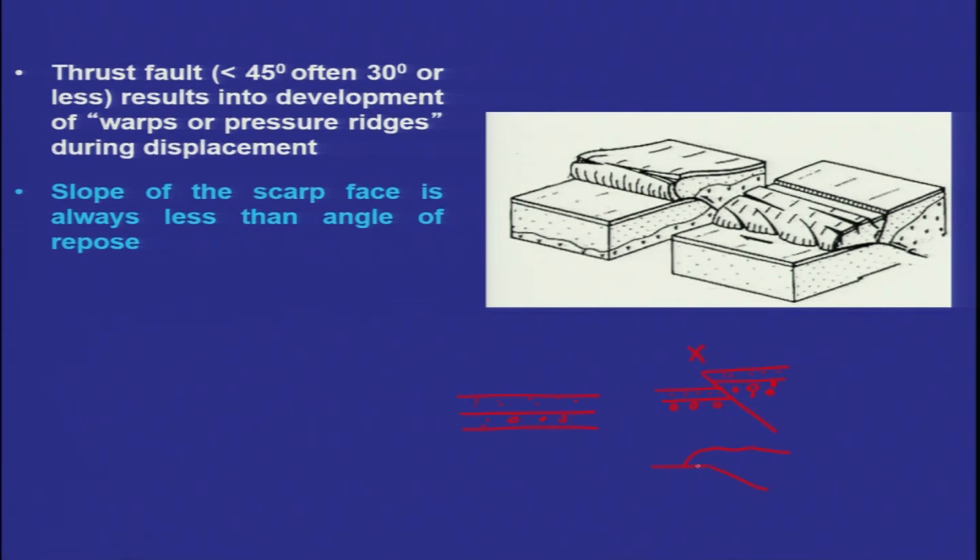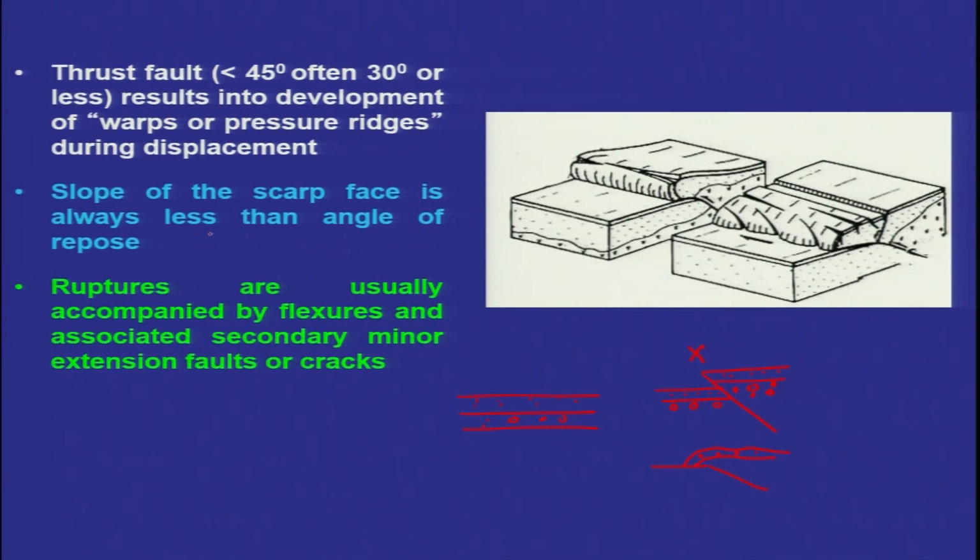You will have folding because the material is very soft, and the slope will be less than the angle of repose that we discussed in one of the lectures, where we said that if the scarp slope is around 30 degrees or so, then it will become stabilized.